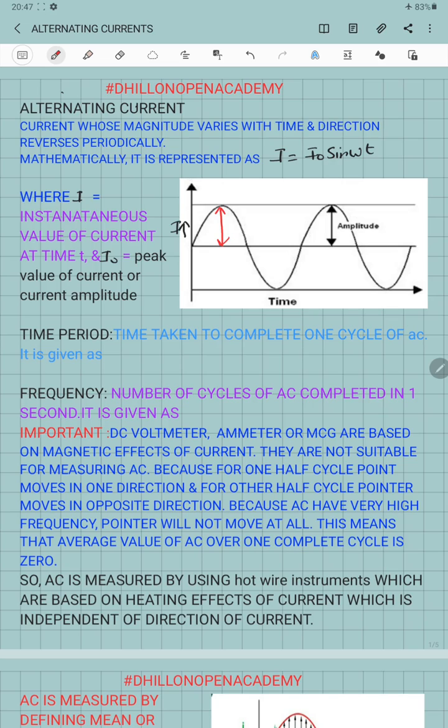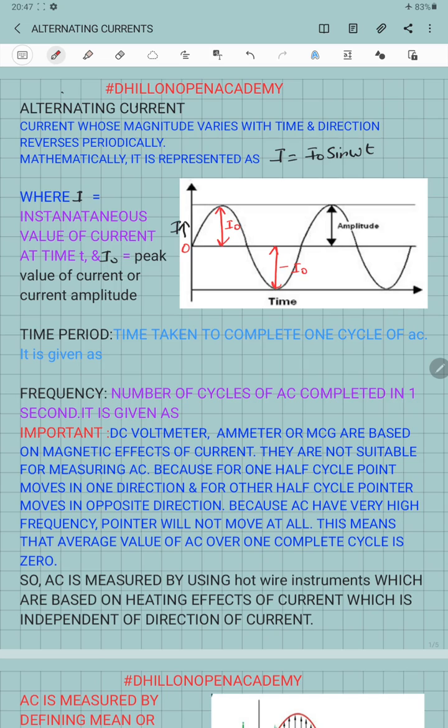The current's maximum value in any direction, positive or negative, we call the current amplitude. So this is I naught. From 0 in the positive direction it will be plus I naught, and from 0 in the negative direction it will be minus I naught.